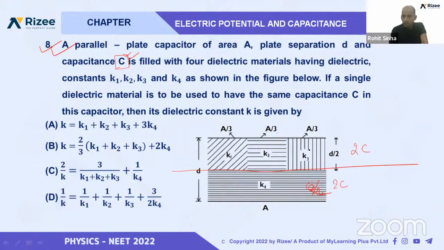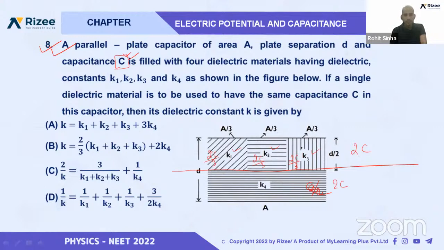Then 2C is cut again into 3 parts. We know it will be divided by 3, that means here will be 2C by 3, 2C by 3 and 2C by 3. Any problem to anyone? Okay.